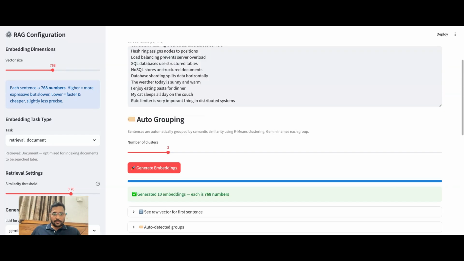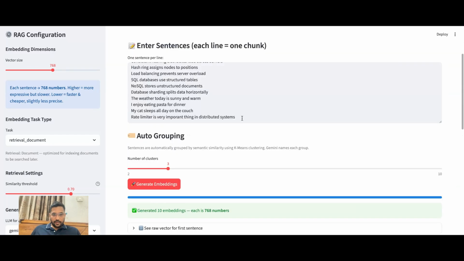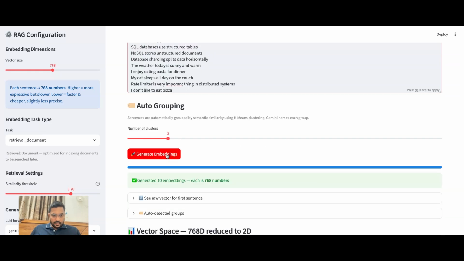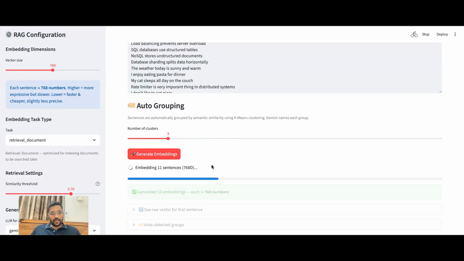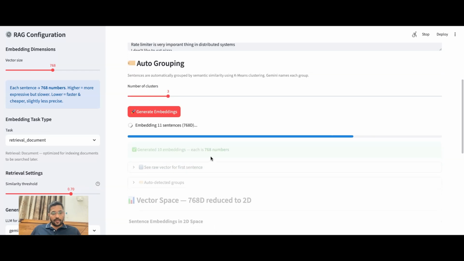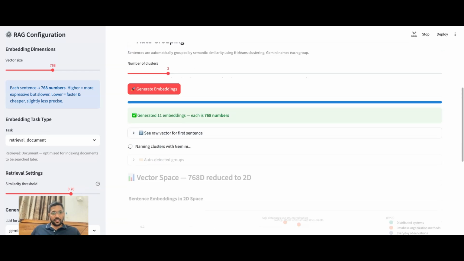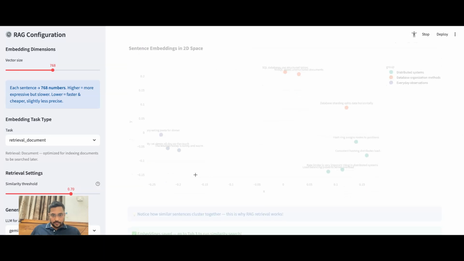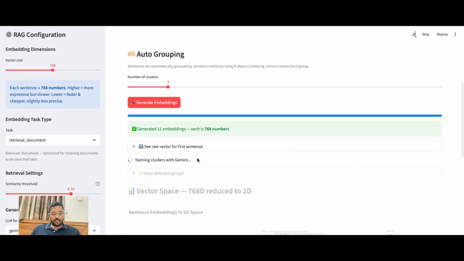Let me add one more thing: "I don't like to eat pizza." I'll say generate embedding again. Embedding is a mathematical representation of your sentence. It's generating.